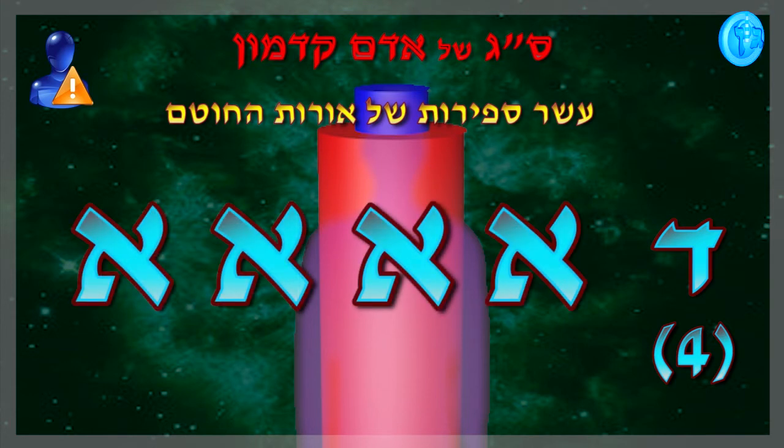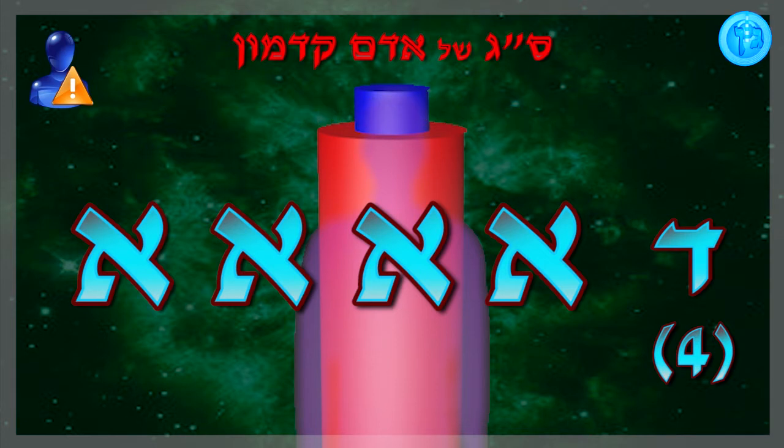In actuality, though, these 4 Aleph letters were properly revealed only in the next stage of the emanation of the worlds, when the spiritual lights came out of the mouth of Adam Kadmon, what the Arizal calls Olam Ha'akudim.